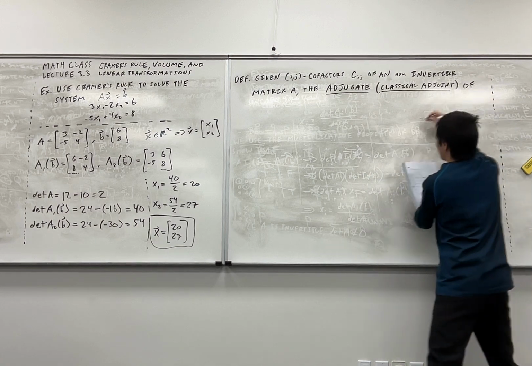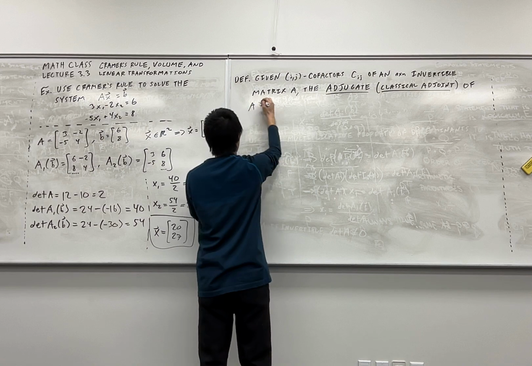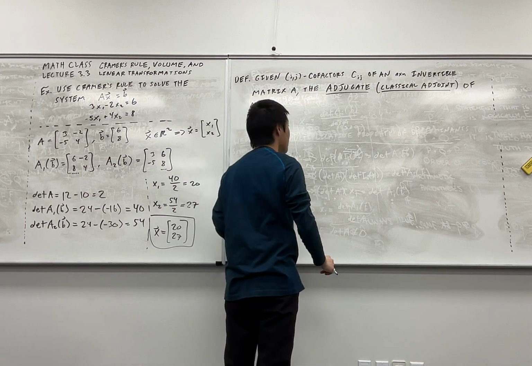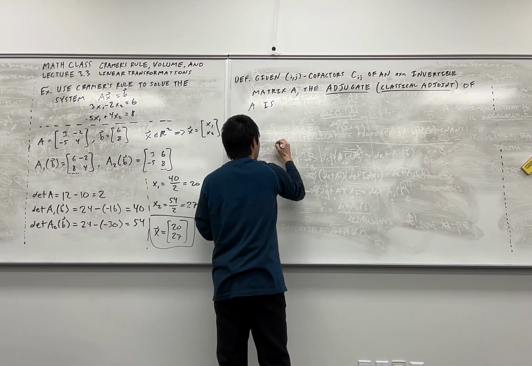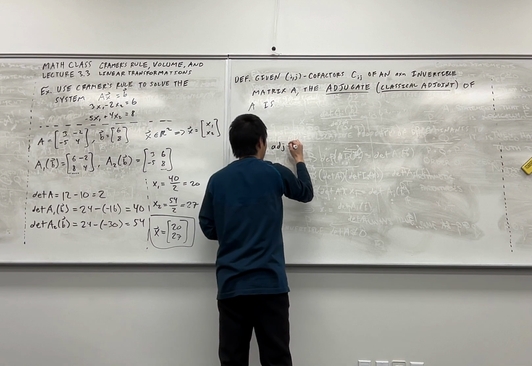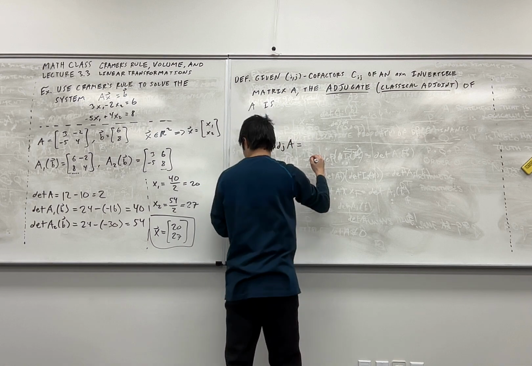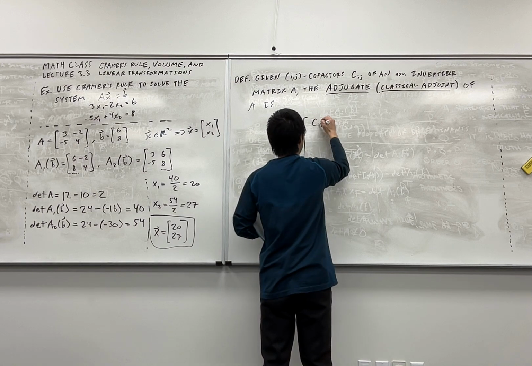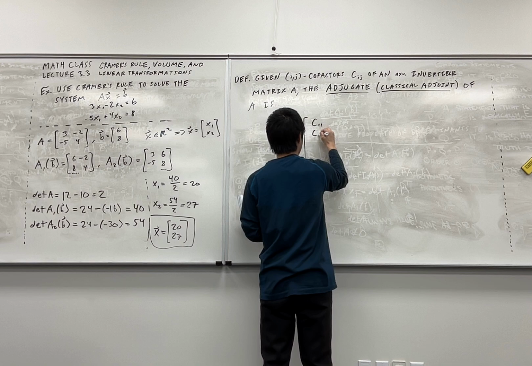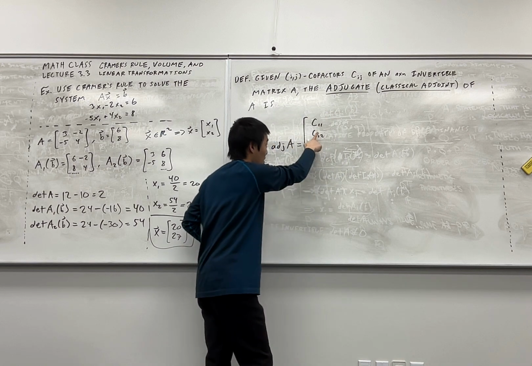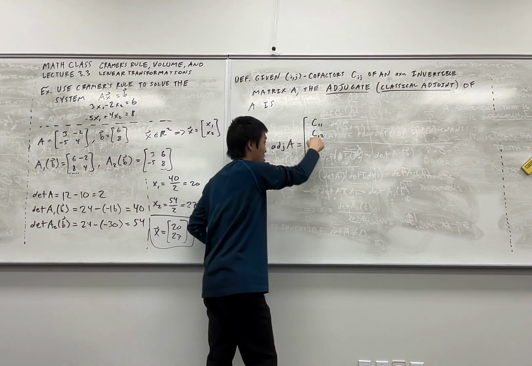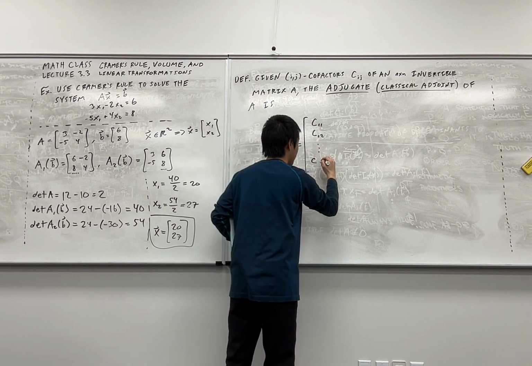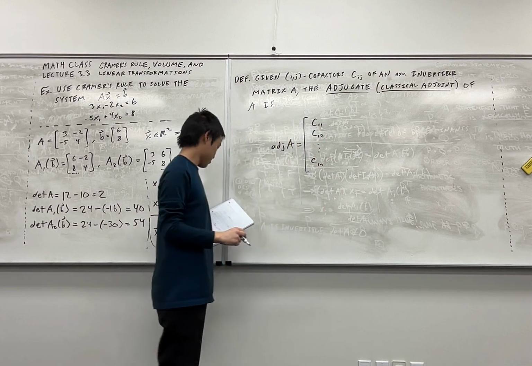The adjugate of A is, and then there's this kind of whole ugly thing. ADJ, adjugate of A, is equal to C11, C12. Down this way, we're going to fix the first index as 1 all the way down, and the second index is going to increase to n, so 1n.